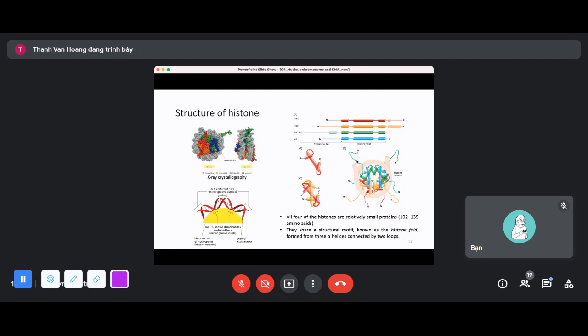As you can see, the tail end of each histone molecule is exposed to the external environment so that they can exchange information or interact with other protein complexes and regulate the DNA functions. Okay?